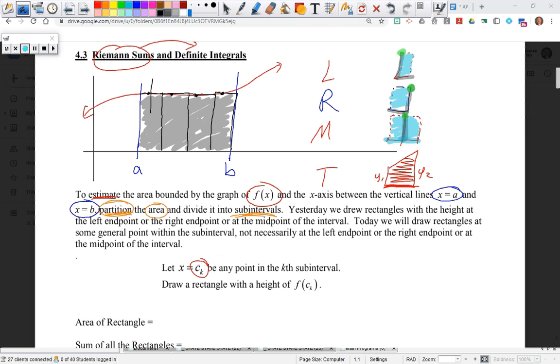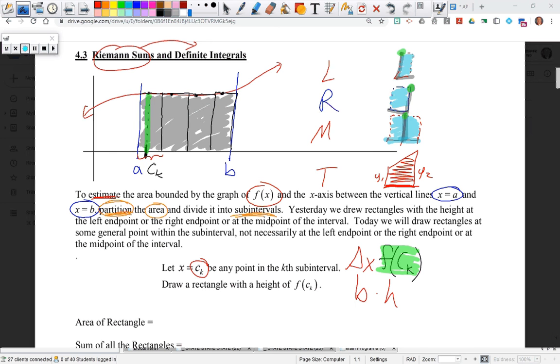Okay, so this we're going to call this c sub k, so that the y value at this specific arbitrary x would be f of c sub k. You with me? This right here, what I just drew, is the height of the first rectangle. The base is going to be whatever this delta x value is, so that I have base times height. Go with me? Okay.